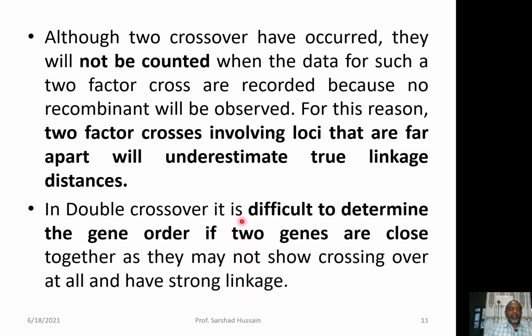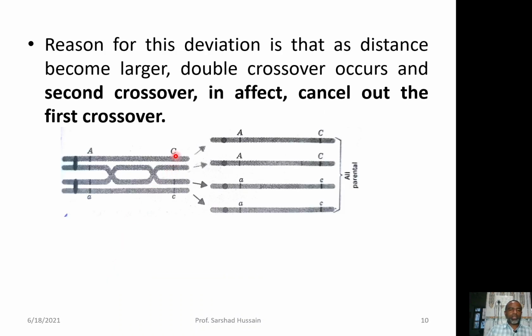In double crossover, it is also difficult to determine the gene order if two genes are close together. So, similar will be the position over there. This was the position if the two genes are present very far from each other. Many crossing overs may take place. As a result, one crossover may cancel the other crossover, and you may not be able to say what is the distance between them.